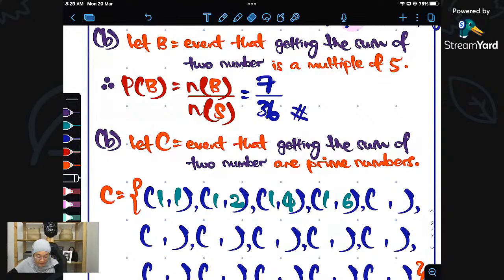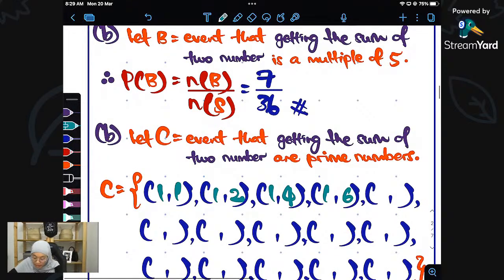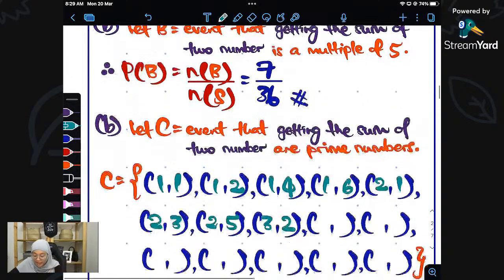Okay, you are faster than me. Okay, now continue. 2. 2, 1 is 3. Yep. 2, 3 is 5. 2, 4 is 6. No. 2, 5 is 7. Yep. And then 2, 6 is 8. No. 3, 1, no. 3, 2 is 5. Yes. 3, 3, no. 3, 4, yes. 3, 5, no. 3, 6, no. Why 3, 6, no?